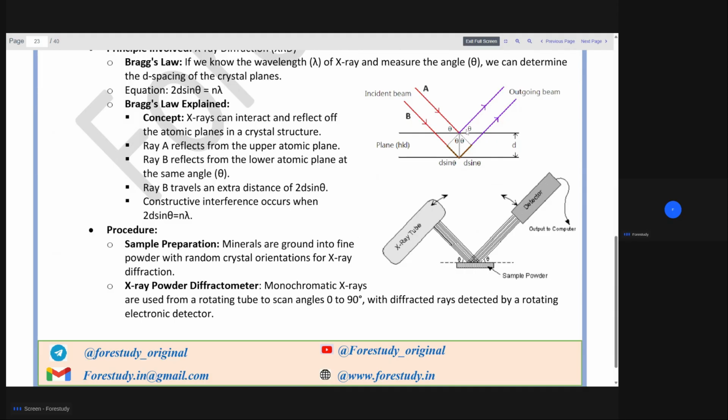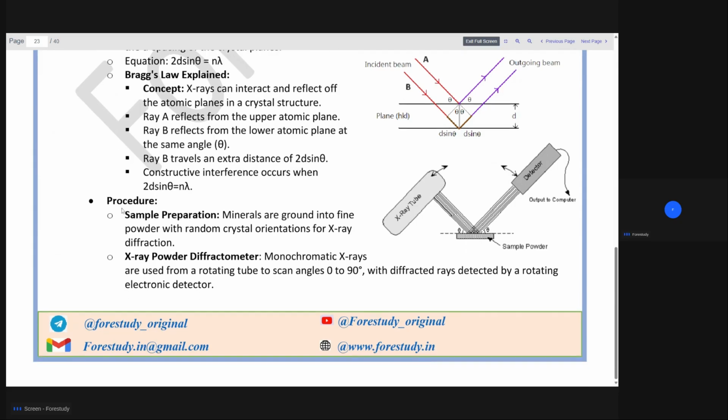This is d, and this is the plane HKL. Ray B travels an exact extra distance of 2d sine theta. Constructive interference occurs when 2d sine theta equals n lambda. This is Bragg's law.